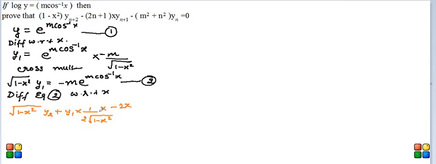Now 2 gets cancelled, and right side one is minus m, e raised to anything is e raised to same thing initially, whatever, however lengthy it is, into d by dx of raised to thing, in which m is constant again, and cos inverse is minus 1 by 1 minus x square.